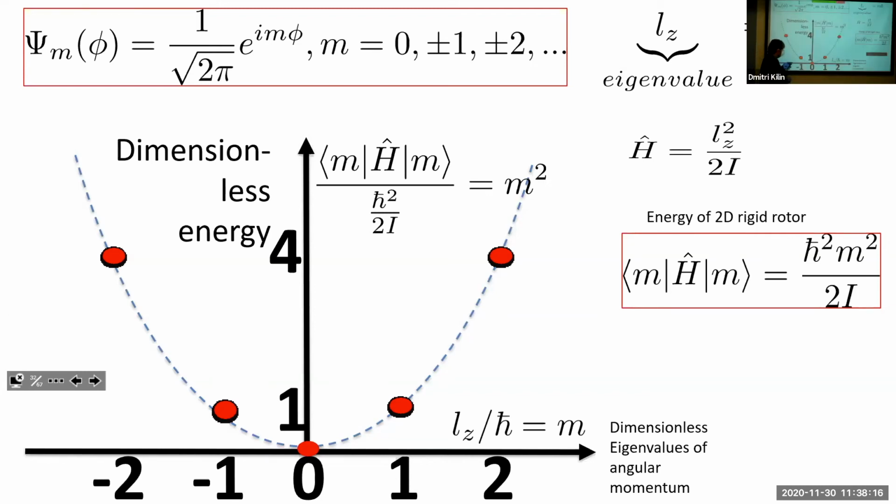So the magnetic quantum number, which is angular momentum divided by a constant, will be on the x-axis. And you know that solutions will be plus minus integer. Then on the y, we can put the energy, which is the matrix element in the sandwich between eigenstates. For the bra and ket angular brackets with m inside, I take it as a notation for this eigenstate.